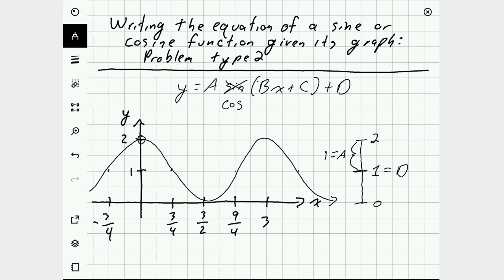This is going to be a cosine function. I also know, because we're exactly on the peak, that the phase shift is going to be 0. So the only thing that I have left is to determine the length of one period of this graph.